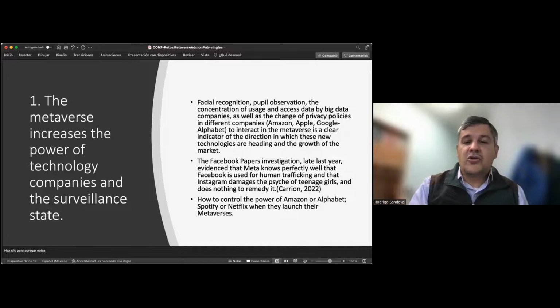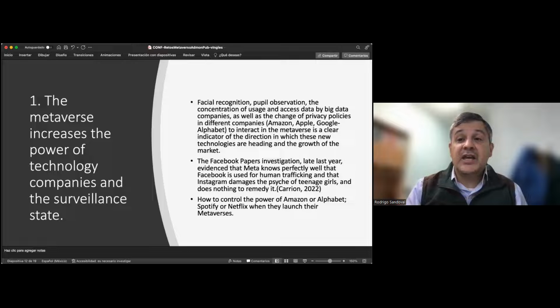This concentration of aspects besides the behavior during our stay in the metaverse are going to be saved, classified, and analyzed in the metaverse.